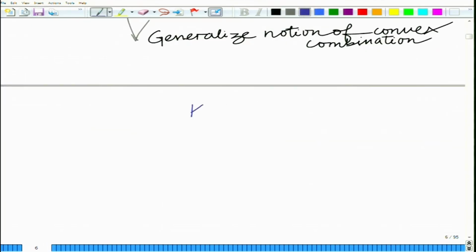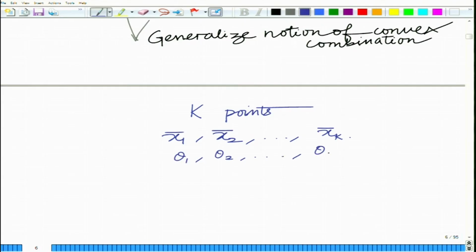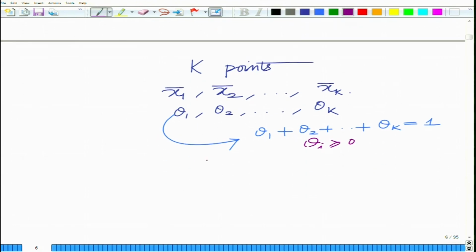So, you consider k points in n dimensional space, that is x1 bar, x2 bar, so on up to xk bar, and you consider theta 1, theta 2, up to theta k, such that theta 1 plus theta 2 plus up to theta k equals 1, and each theta i is greater than or equal to 0, and perform the combination theta 1 x1 bar plus theta 2 x2 bar plus so on up to theta k xk bar.